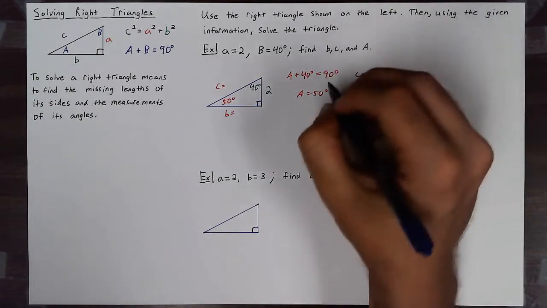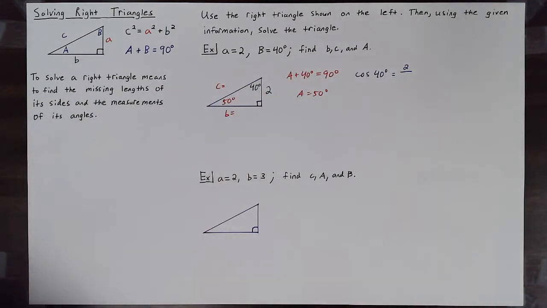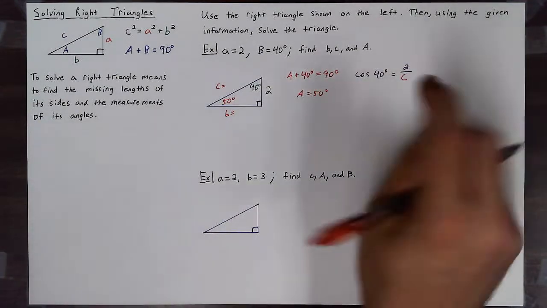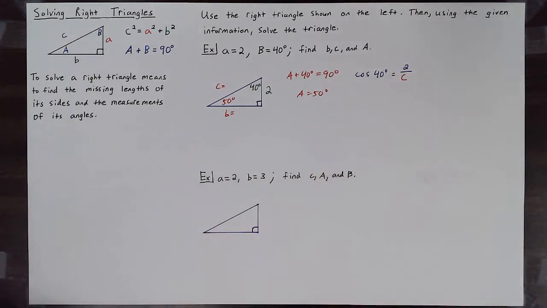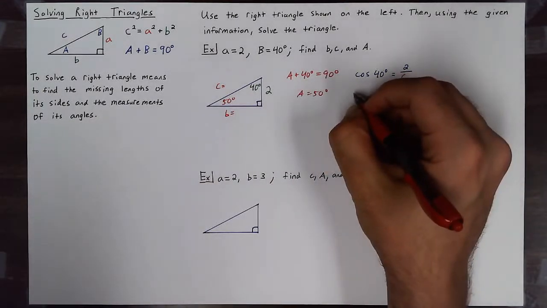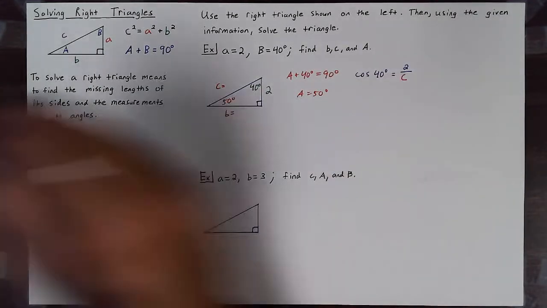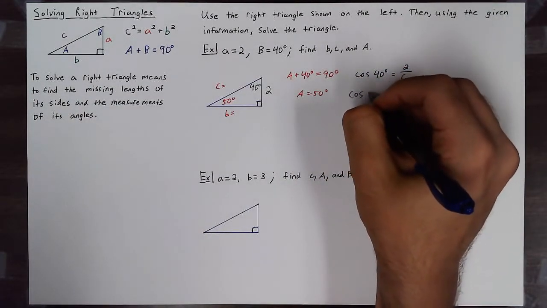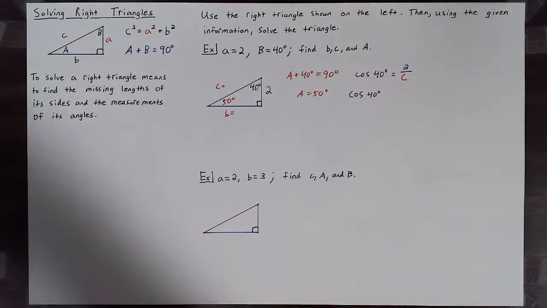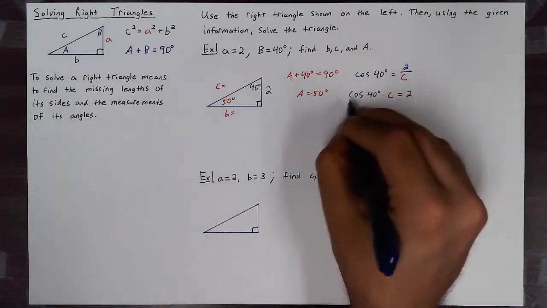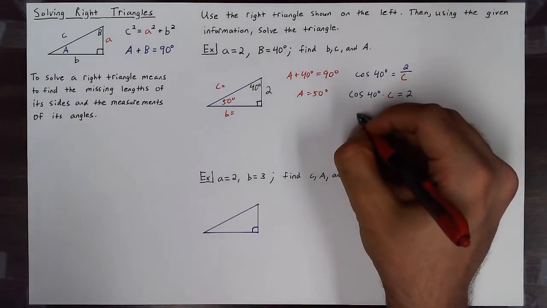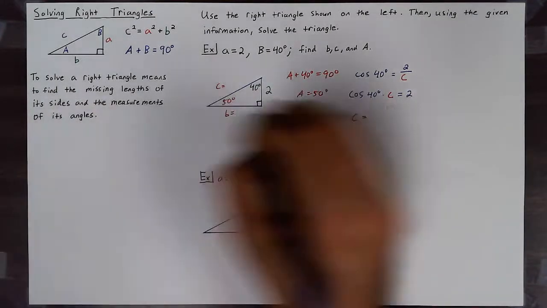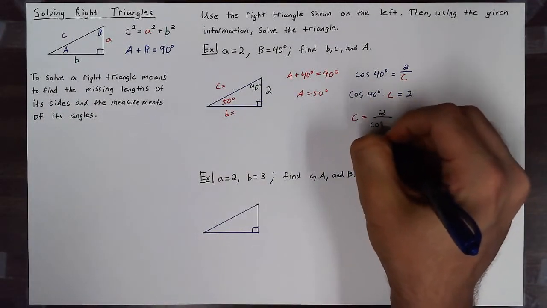So I can write this as 2 over C. And then I can go and solve this equation for C. So first I would multiply each side of my equation by C, giving me cosine of 40 degrees times C is equal to 2. And I could divide each side of my equation by cosine of 40, giving me C is equal to 2 divided by cosine of 40 degrees.